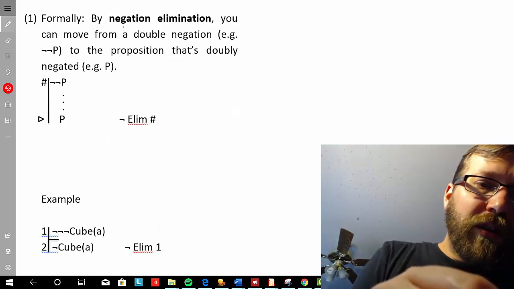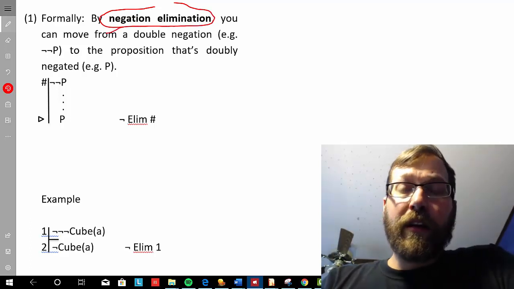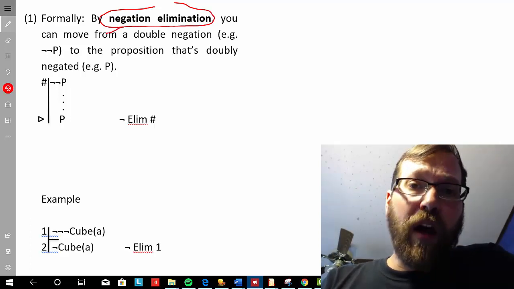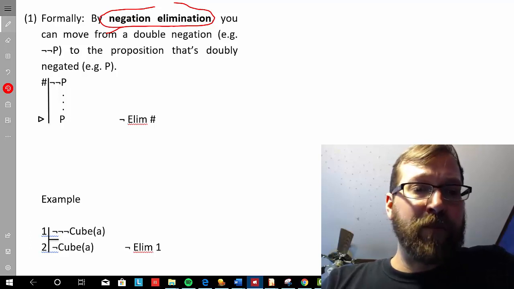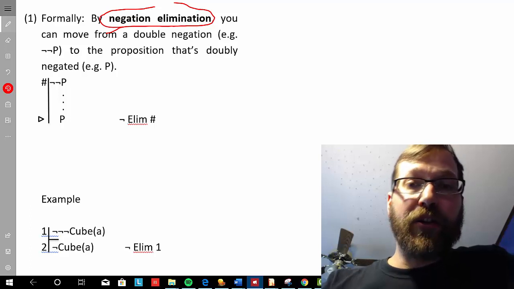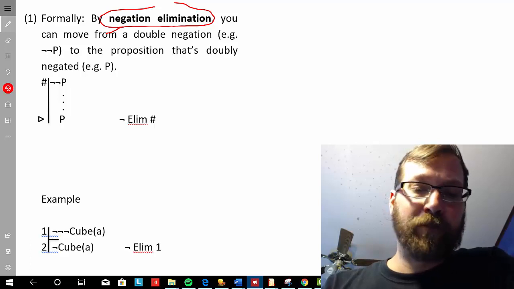All right, so we are talking about negation elimination formally now. That is, how to apply the rule negation elimination in Fitch-style system. By negation elimination, what we can do is move from a double negation to the proposition that's doubly negated.